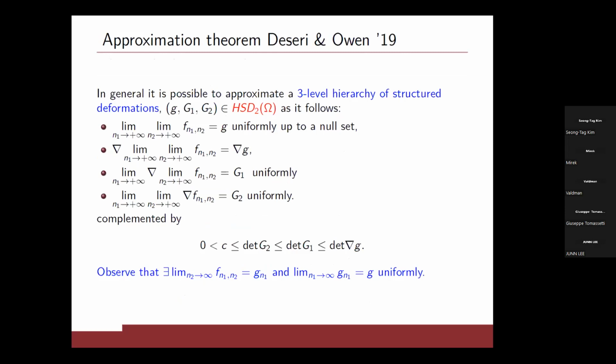So, okay, and then as it happens in that example, Deseri and Owen prove that here, the 2 below SD means that I am considering a three-level hierarchy, level 0, level 1, level 2, achieved in the way I was saying before.